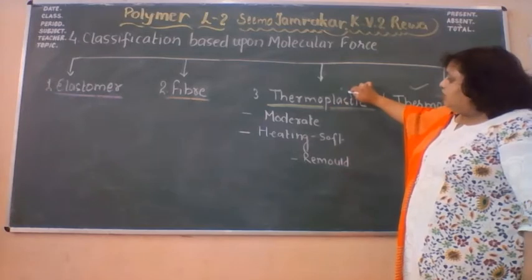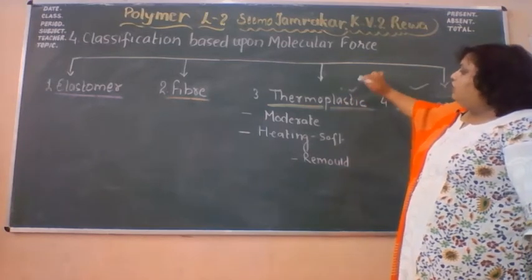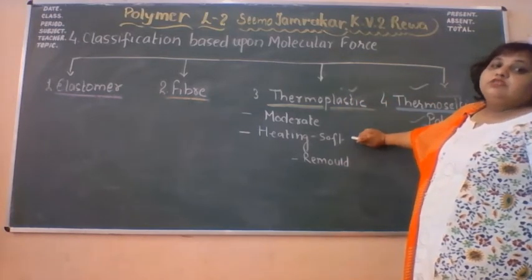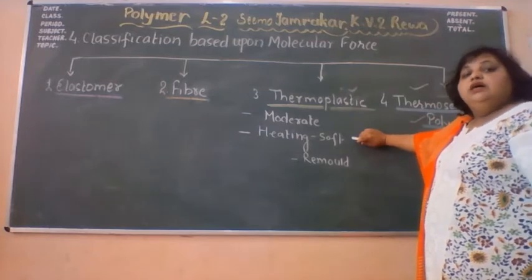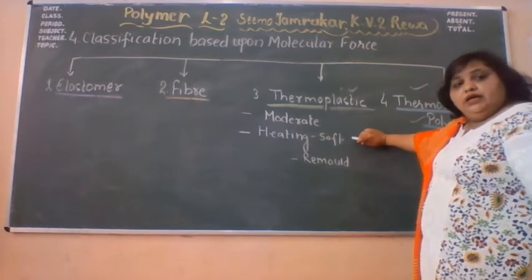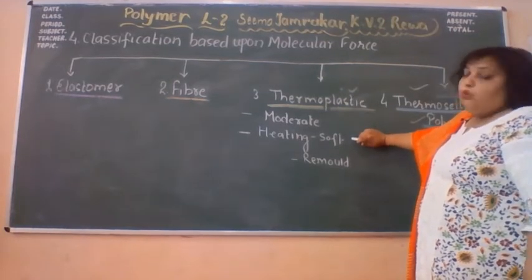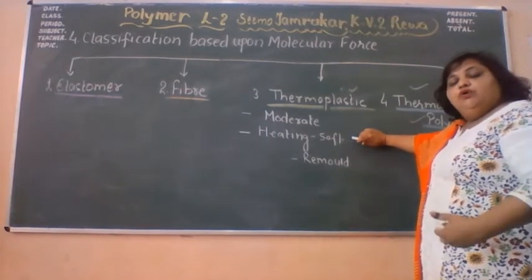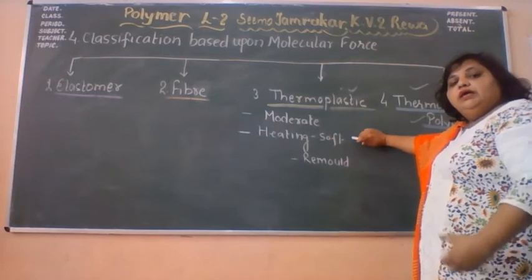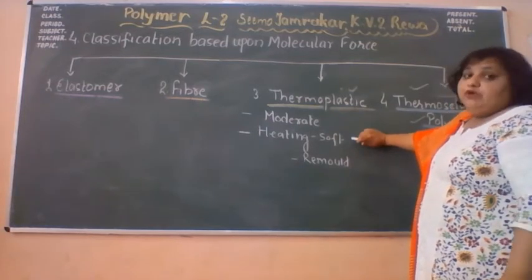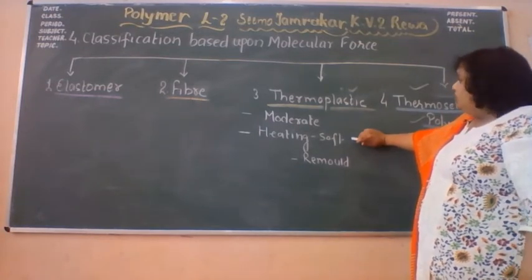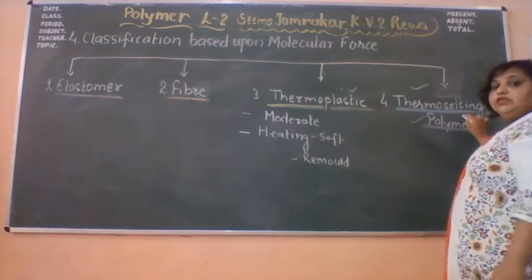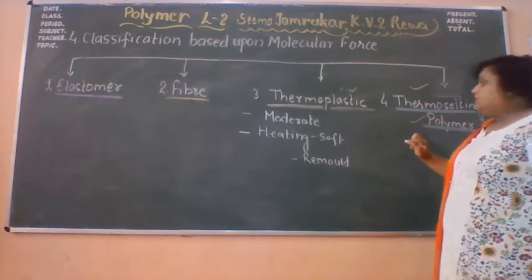This was the reason why you can reheat it, reuse it, remold it, and make things from the waste material also. But this is not the case with thermosetting plastics.